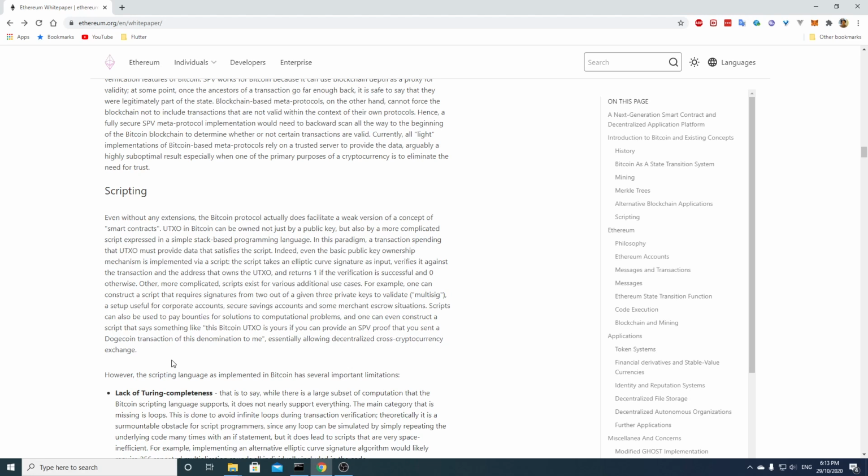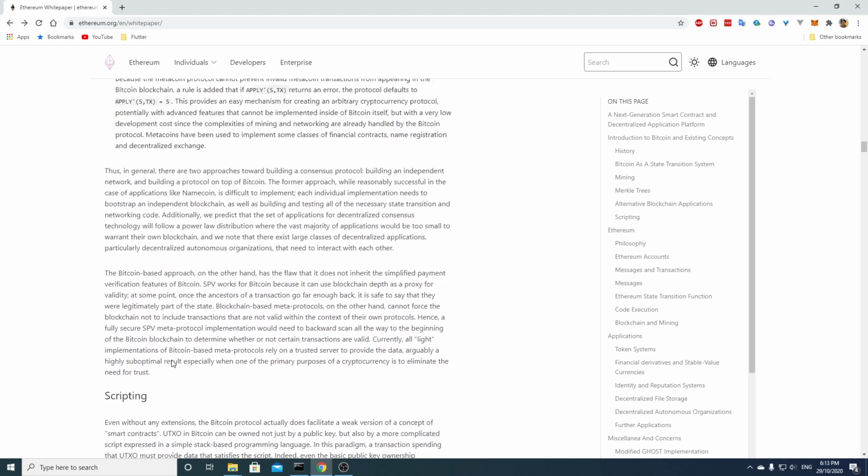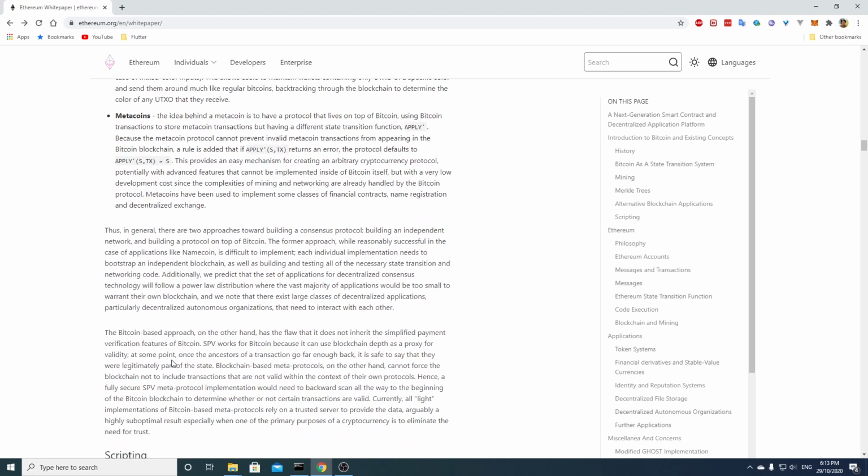So the scripting language that Bitcoin has some operation codes for signature, verifying signature, and also for basic arithmetic. And it has one that essentially is for arbitrary data. It's limited in size, so I think you can only store 20 bytes, 40 bytes, something like that.